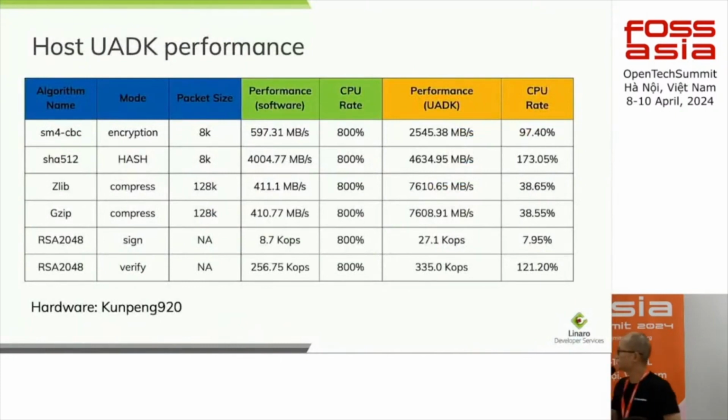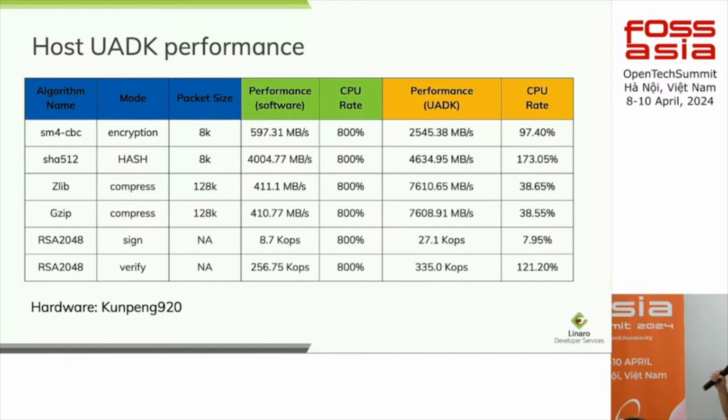This is the performance. The green line is using CPU. The brown color is hardware. We can simply see, for example, the first line SM4. Using software versus hardware, it is about 4 times better. Also, the CPU usage is much lower.